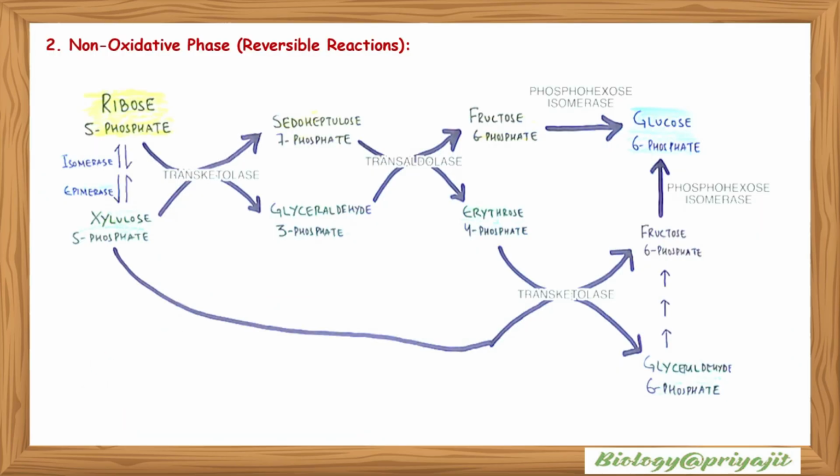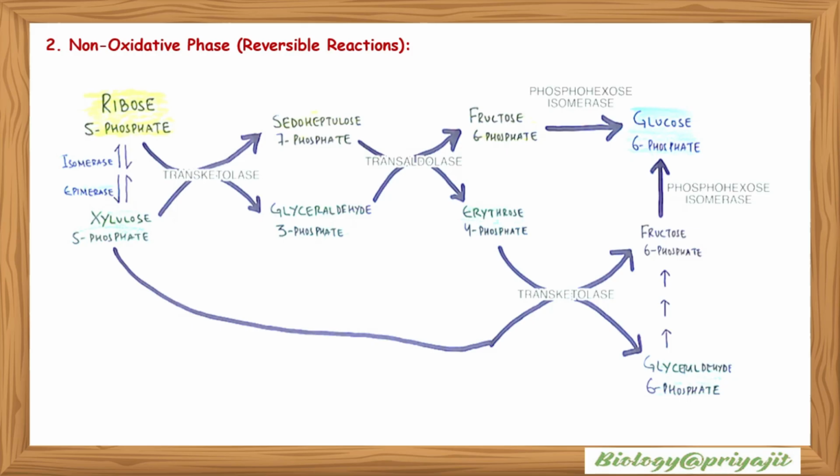And in the non-oxidative phase, which consists of reversible reactions, with the help of the enzymes isomerase and epimerase, ribulose 5-phosphate is converted into ribose 5-phosphate and xylulose 5-phosphate. With the help of the enzyme transketolase, ribose 5-phosphate and xylulose 5-phosphate produce sedoheptulose 7-phosphate and glyceraldehyde 3-phosphate.